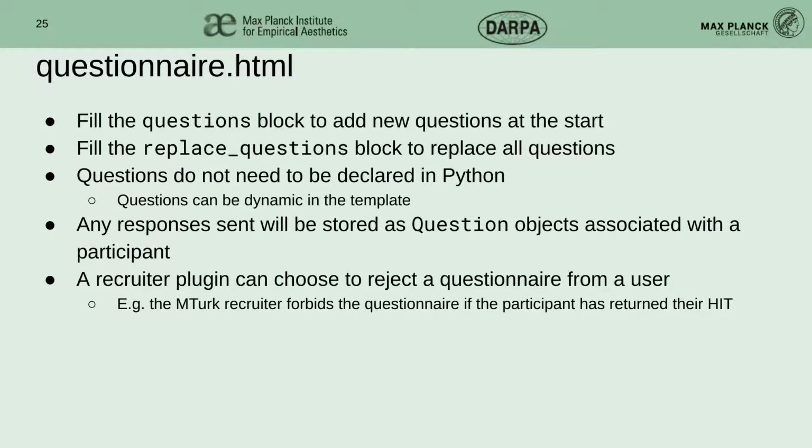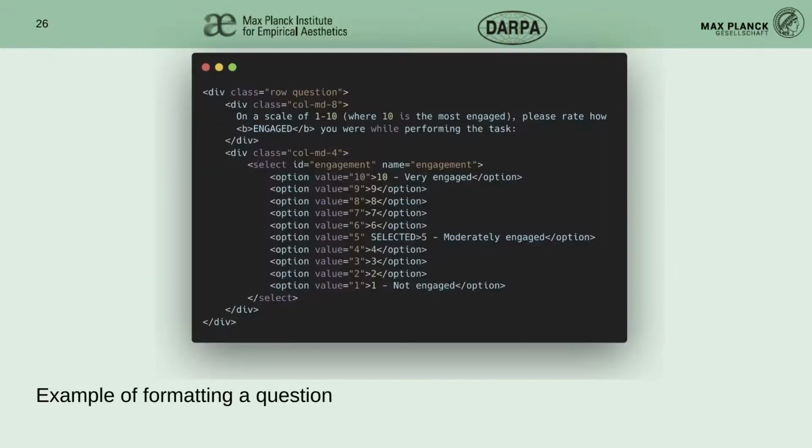Yeah, and then if you want more questions inside that replace questions block, you would just put the HTML, which looks like that. So this is the HTML for the how engaged were you question. So if you imagine there's block replace questions at the top and end block replace questions at the bottom, that would mean that this is the only question that is shown.